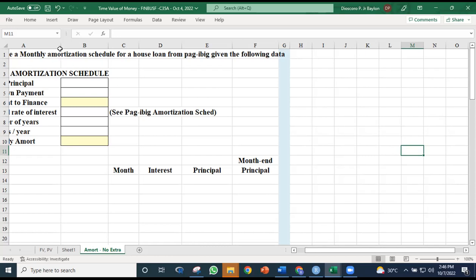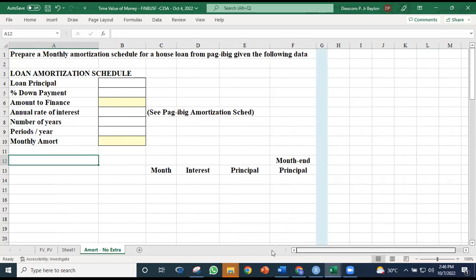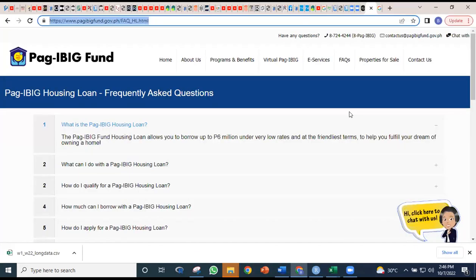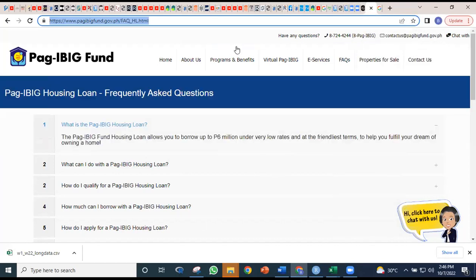All right. So before we fill in this table, before we start learning about how to generate an amortization table, may I invite your attention to the site that I gave you. First here, this is from pagibigfund.gov.ph, frequently asked questions.